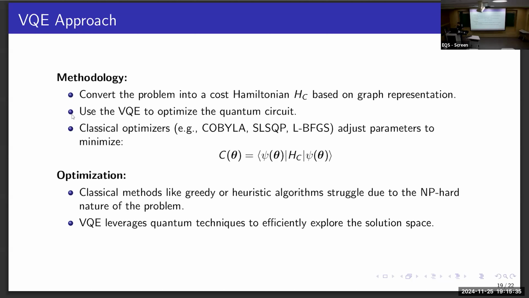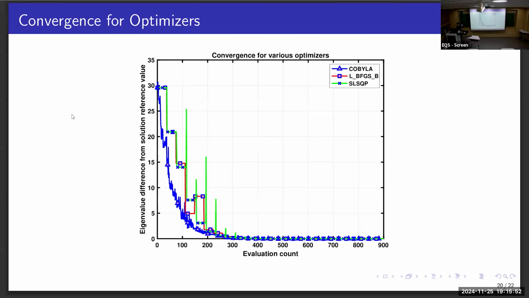And classical methods like greedy or heuristic algorithms struggle due to the NP-hard nature of the problem. So we expected that it might be efficient if we used VQA very well. And this is the convergence for the optimizers.